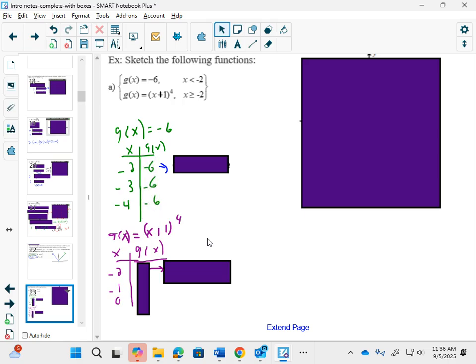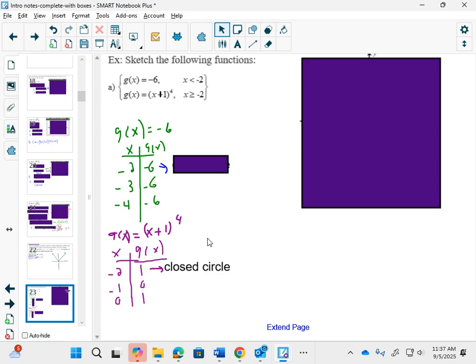What happens if I plug in negative 3? I get negative 6. What happens if I plug in negative 4? I get negative 6. Surprise, surprise, the equation is always negative 6. X plus 1 to the 4. Well, I could get some values that way by plugging them in.